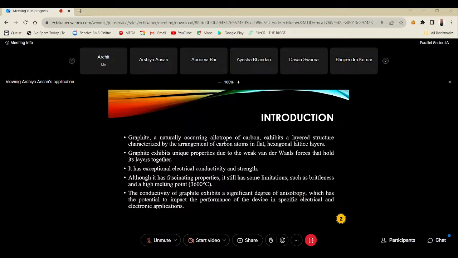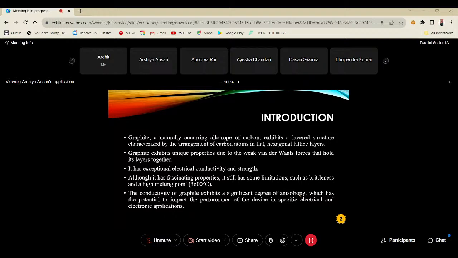About the introduction, we know that graphite is an allotrope of carbon which exists naturally, and it has a layered structure. The carbon atoms are arranged in a hexagonal lattice. Different layers of graphite are held together by weak van der Waals forces.